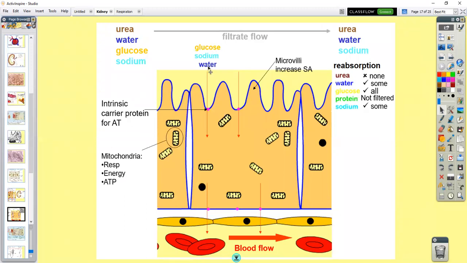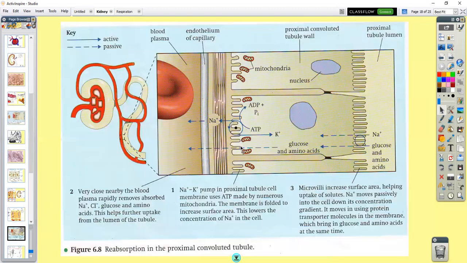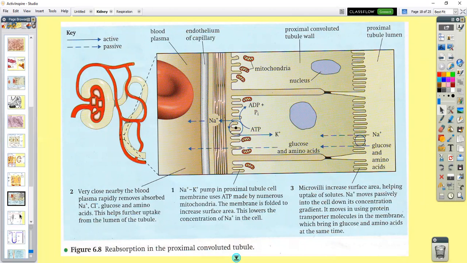Glucose, sodium, water, things like that will pass through these carrier proteins. You've got the active transport then of glucose and amino acids into the blood to make sure that all of that gets reabsorbed in the proximal convoluted tubule. So ATP is generally used down in these invaginations or foldings at the bottom, allowing all of the glucose and all of the amino acids to be transported back into the blood and reabsorbed.